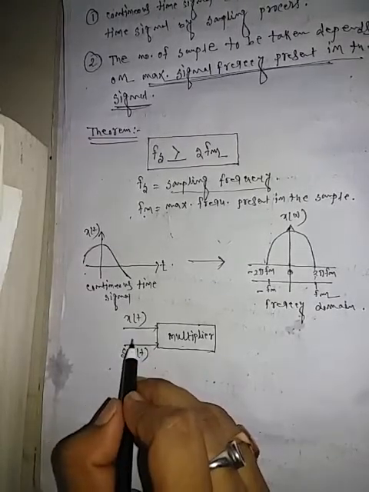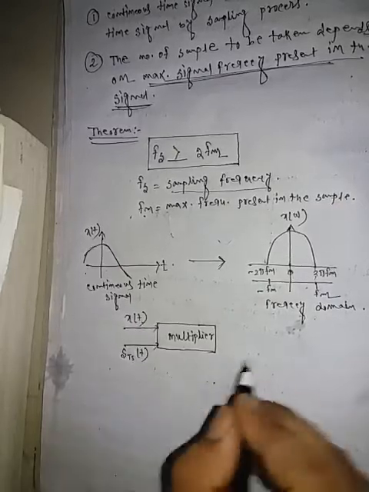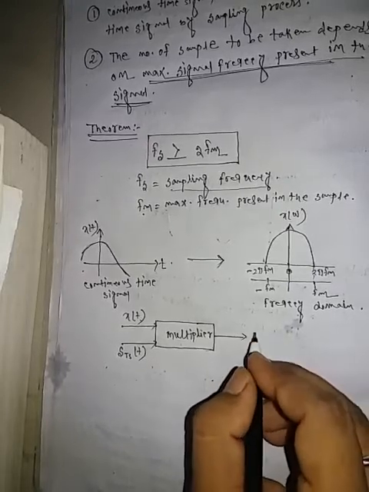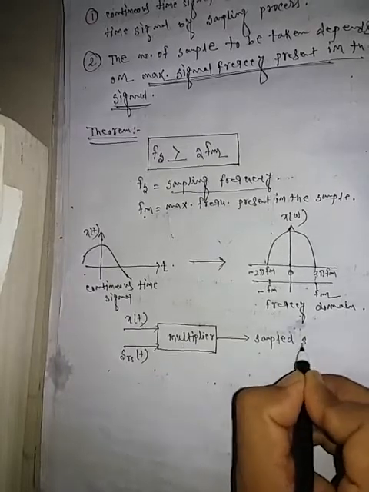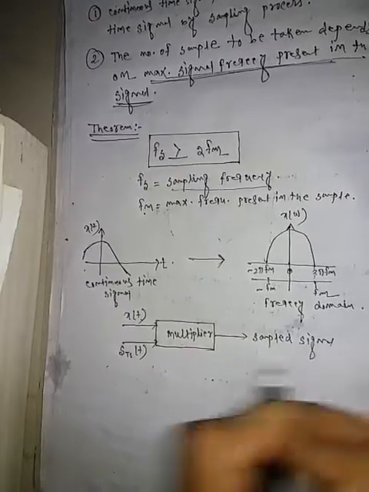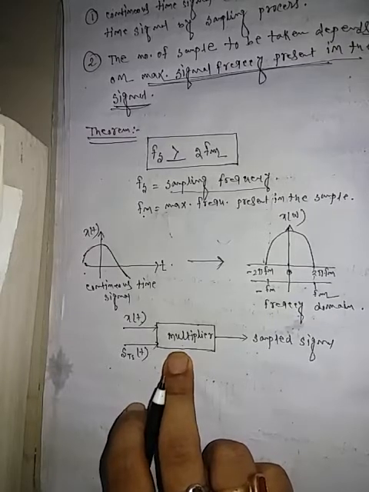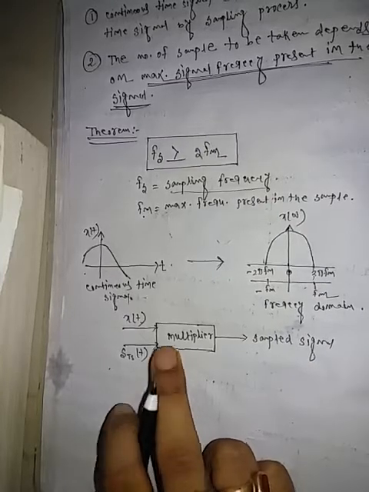If we multiply the continuous time signal and the impulse time signal, the output of the multiplier is a sampled signal. The multiplier obeys the sampling theorem principle.